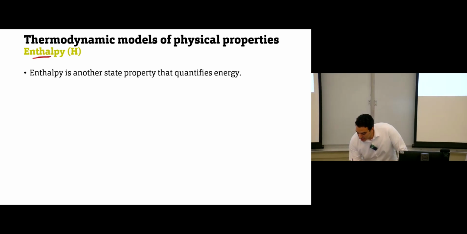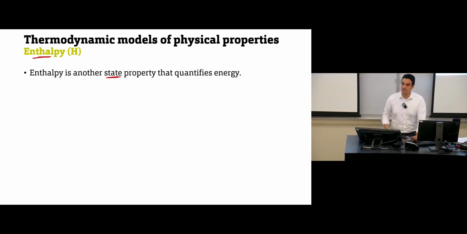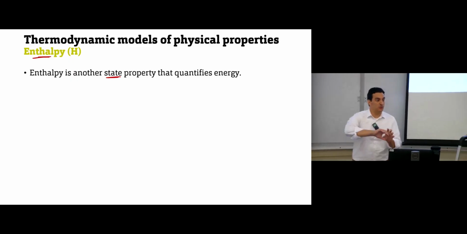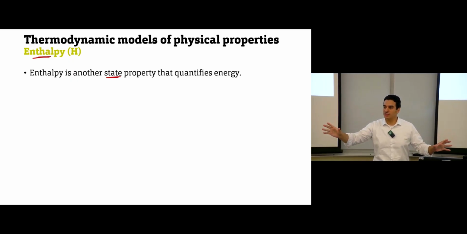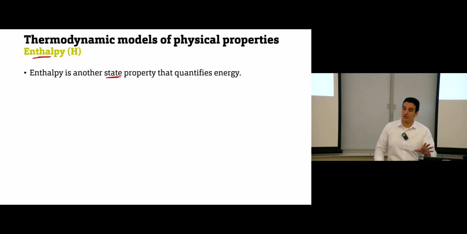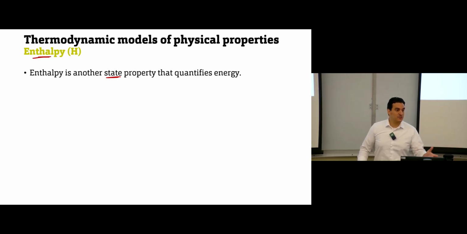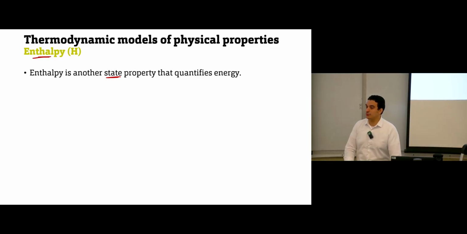So enthalpy, again, this is a state property. State property means it depends on the path of the process, or only depends on the initial and final states? Initial and final states. It doesn't care about the path properties, or this only a heat and work. So this is a state property.